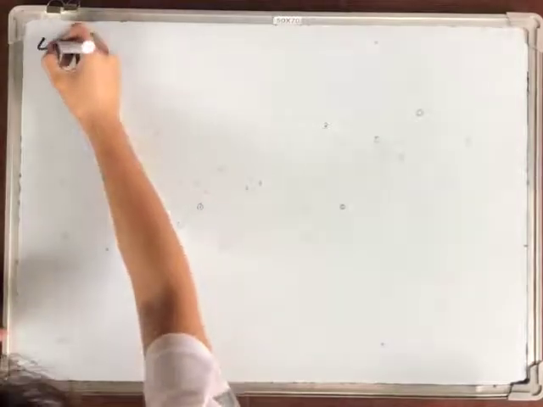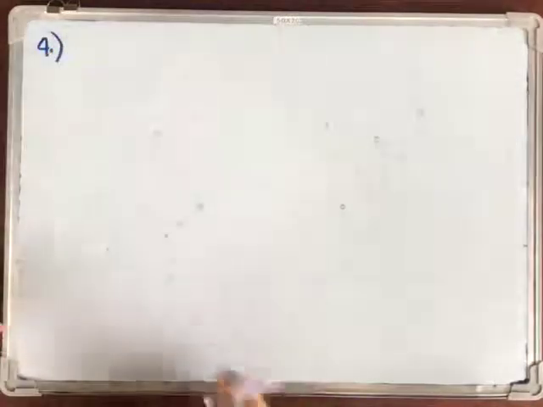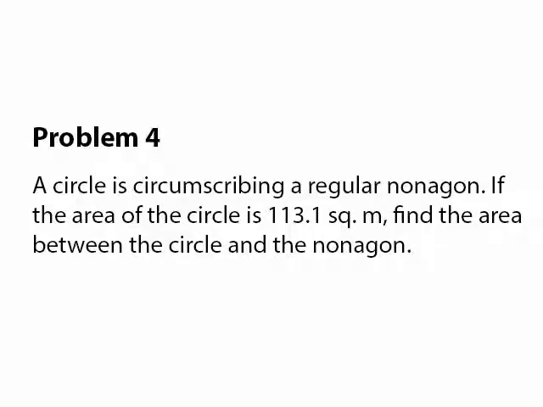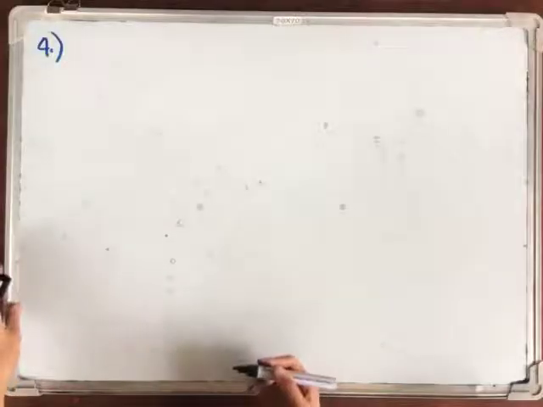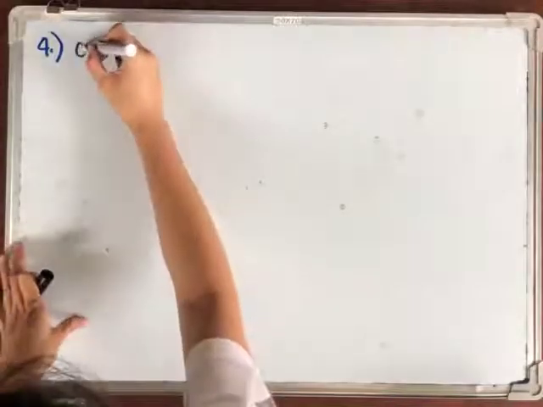Proceeding to our last example for polygons, we have number 4, for regular polygons. We have here a problem. A circle is circumscribing a regular nonagon.